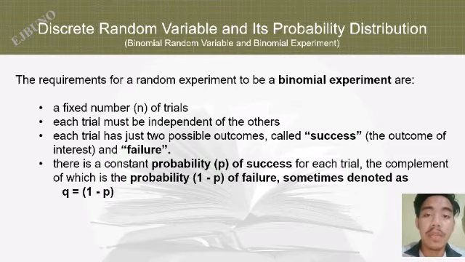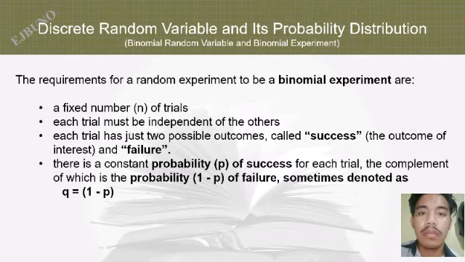The third one is that each trial has just two possible outcomes, called the success or the outcome of interest, and failure. For example, if our experiment is tossing a coin 10 times and we are interested in the outcome of heads, then every heads will be counted as our success and tails will be our failure.